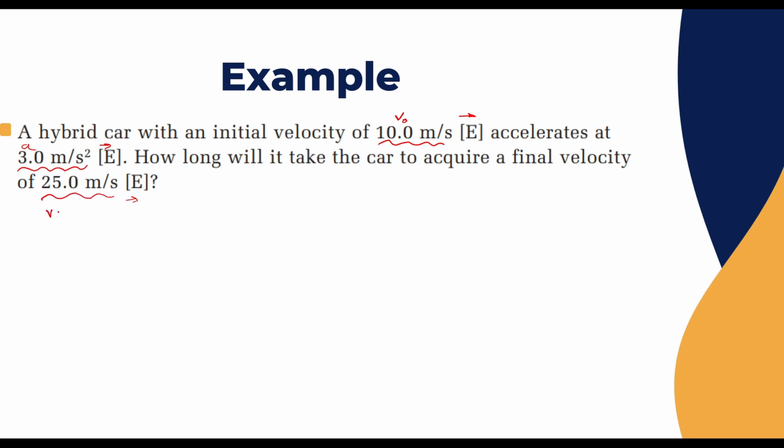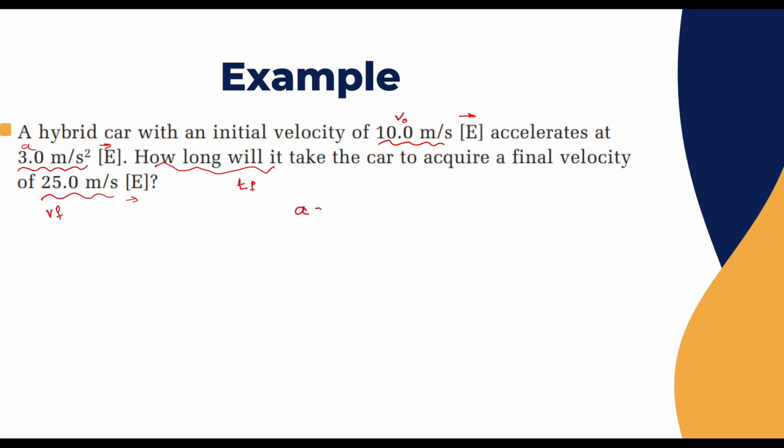The final velocity is here, and how long it will take means it's asking about t, the final time. Let's break things down. Firstly, what equation should we use in this case?